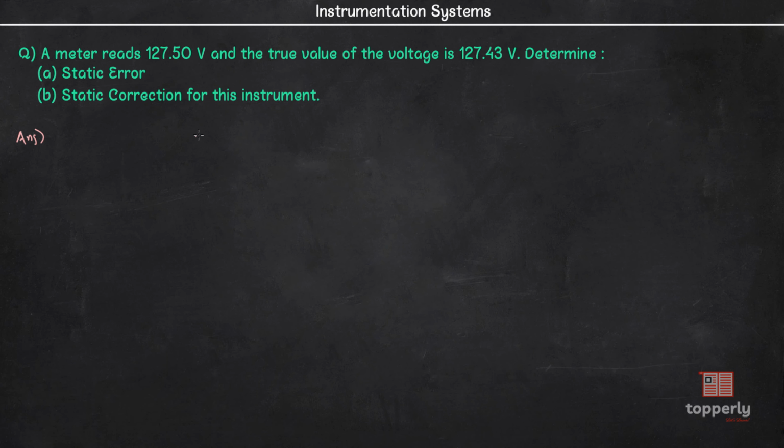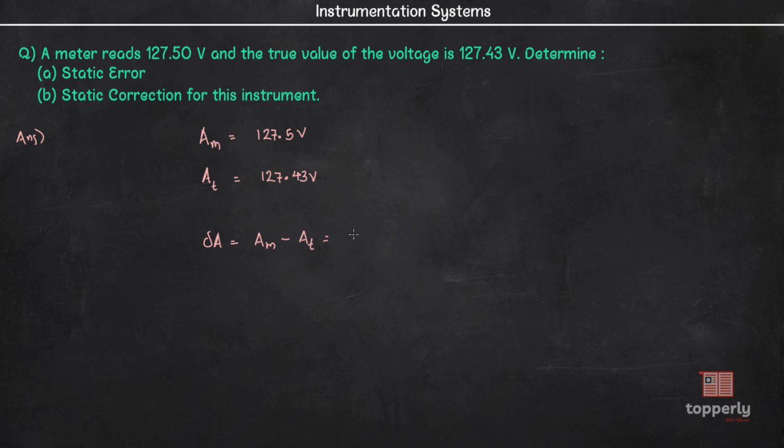Therefore, measured value AM is equal to 127.5 volt. And the true value of voltage is given as 127.43 volt. Therefore, true value AT is equal to 127.43 volts.